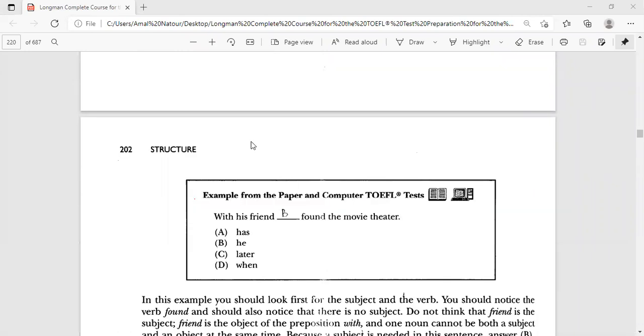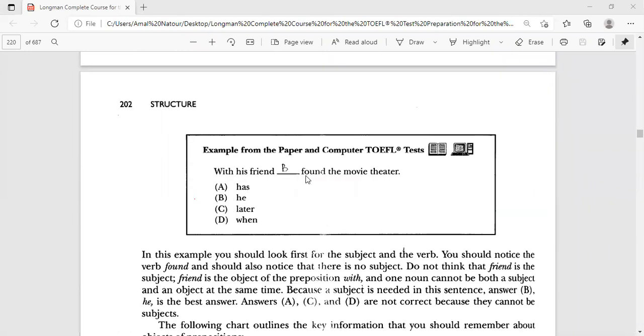For example, let's look at this example and answer it. With his friend found the movie theater. With is a preposition. His friend is the object of the preposition. Found is a verb. This verb needs a subject.